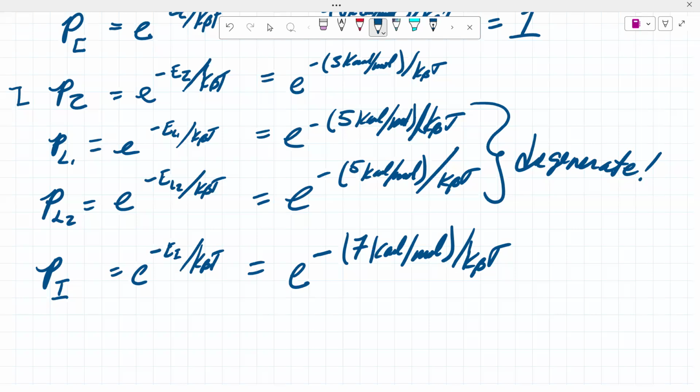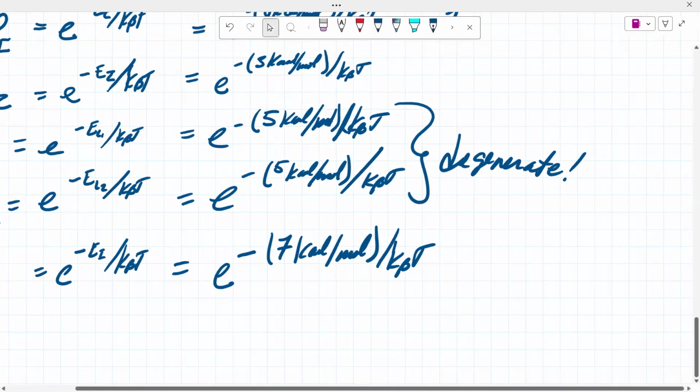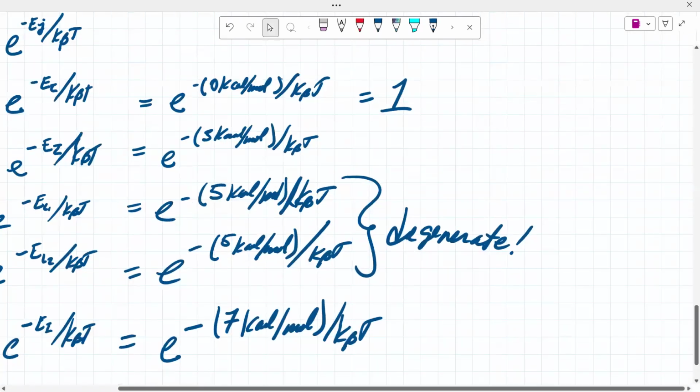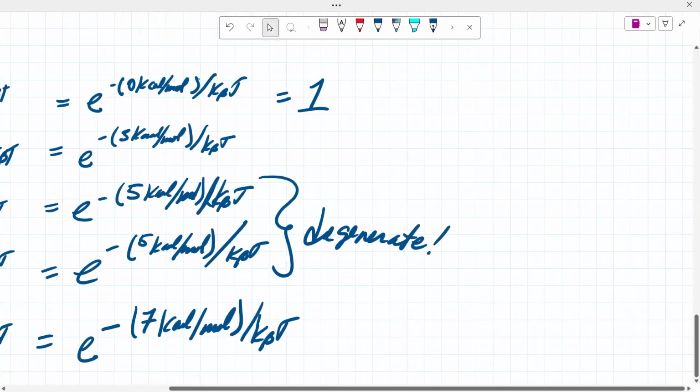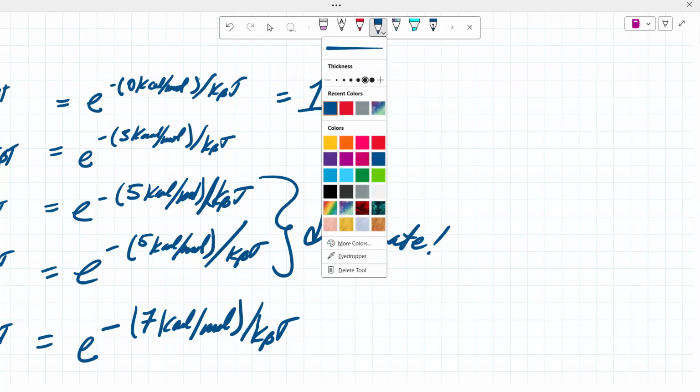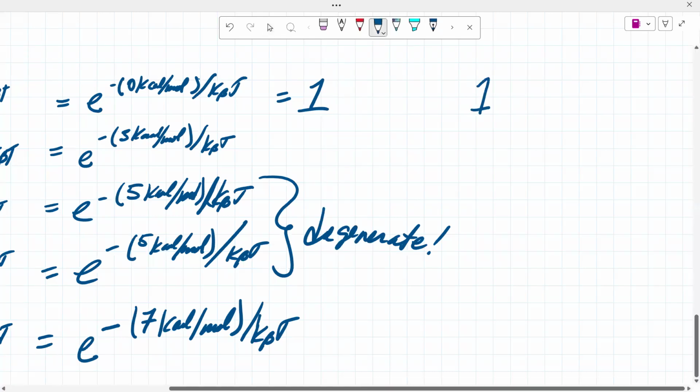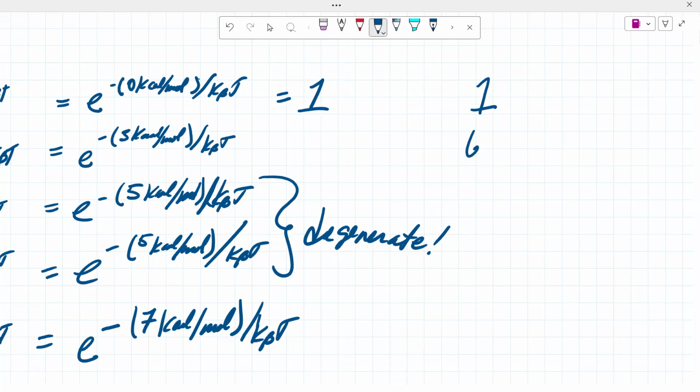All right, so I actually did this on a spreadsheet to make this easier, and I'm just going to put the numbers over here for you, because we're not going to worry about all that. Okay, so let's see. 0, 3, 5, 5, 7. Yes, so then we can calculate this out. So for the first one, the number is 1, and then this is 6.31 times 10 to the minus 3.